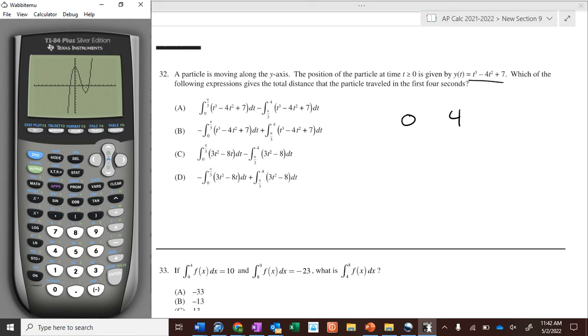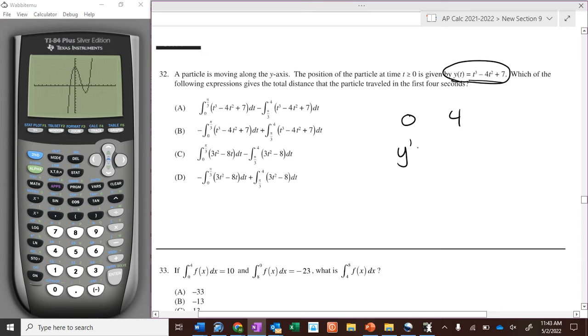Here we go. Total distance is the integral of velocity, right? What is this? Position. So what we have to do is take the first derivative of this. The first derivative of y sub t equals 3t squared minus 8t, factor out the t, and we get t(3t minus 8).